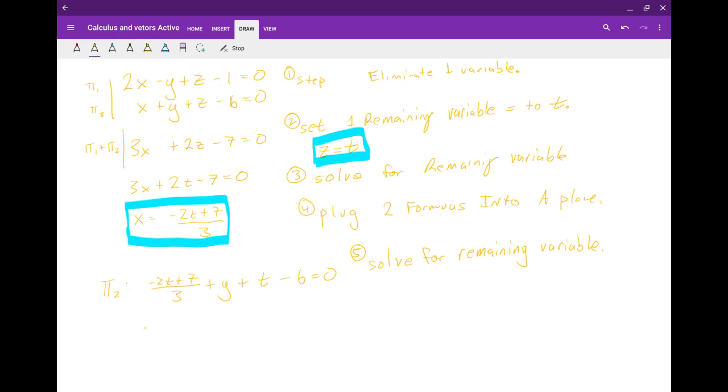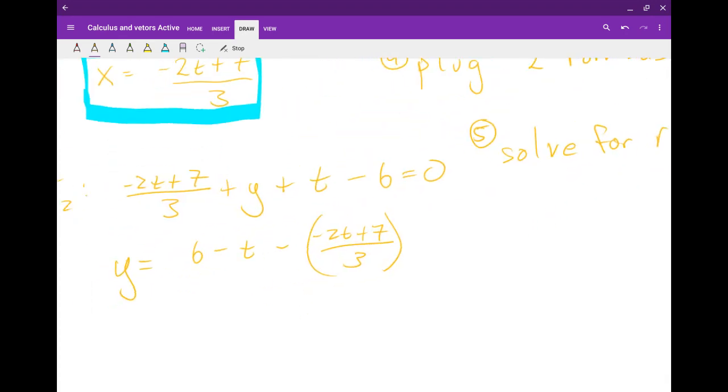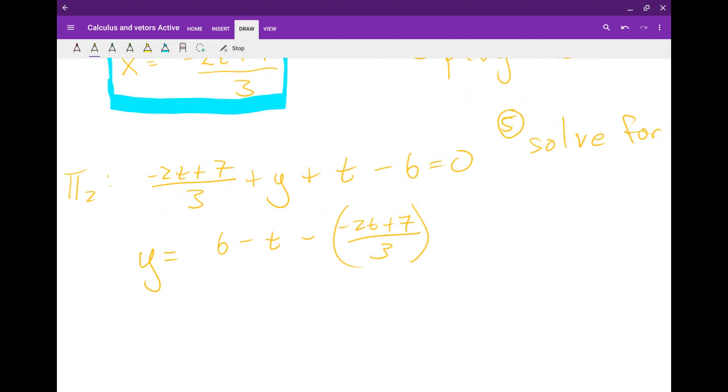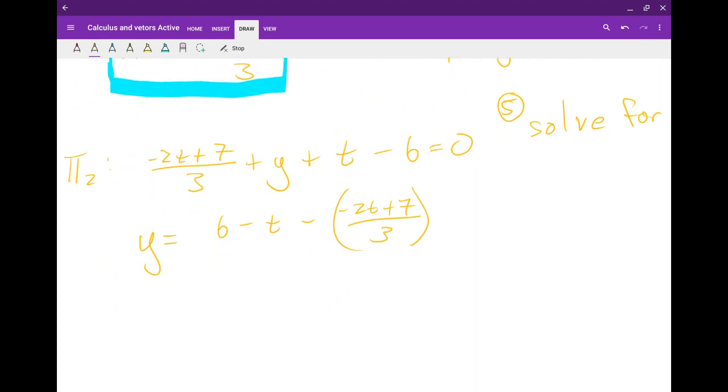So y is equal to 6 minus t, minus the quantity negative 2t plus 7 over 3. And if you look closely at this, you can see that I can simplify it.